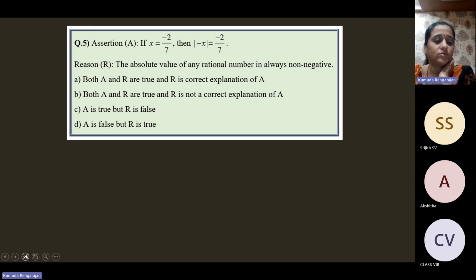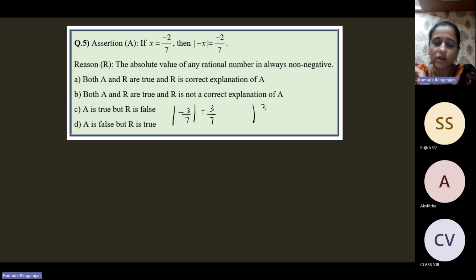If x is equal to minus 2 by 7, then the absolute value of minus x is minus 2 by 7. See, the absolute value of any number is always positive. Listen carefully. The absolute value of minus 3 by 7 is 3 by 7.